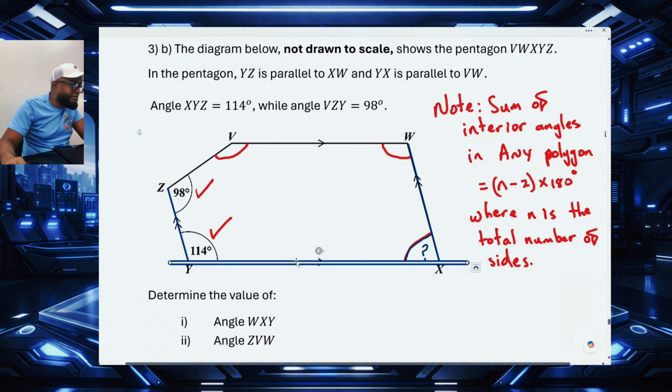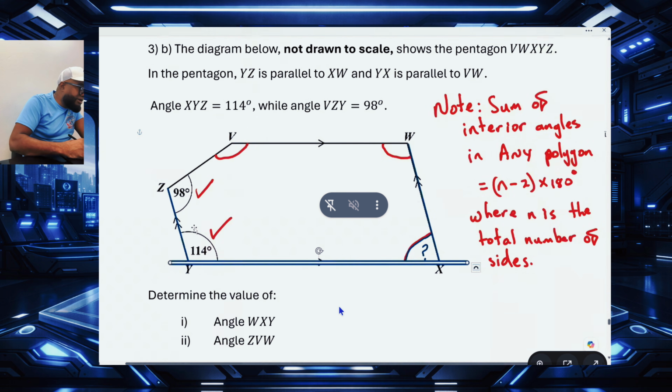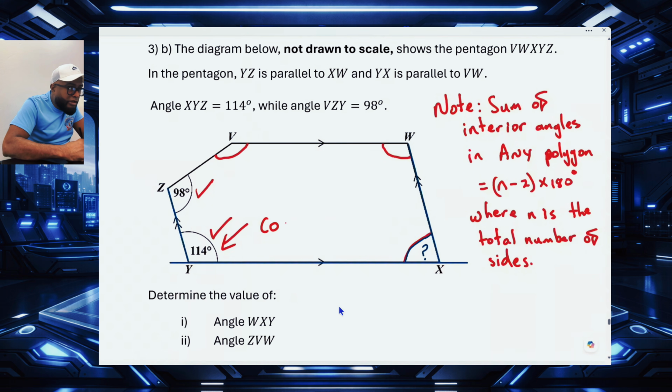I hear somebody say co-interior. Where do you see that triangle here? 114. Co-interior angles. These are co-interior angles, that will be this angle and this angle.